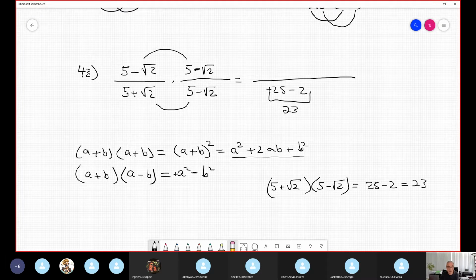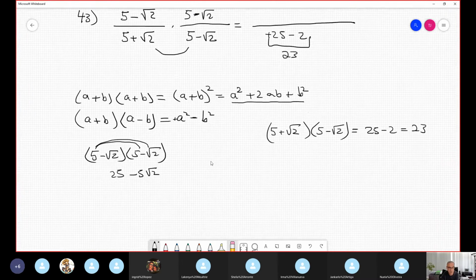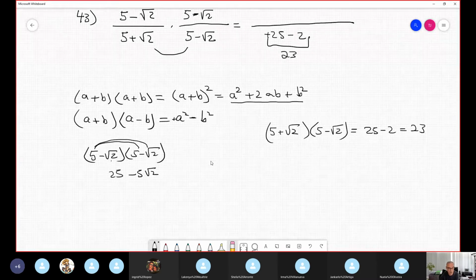Relax. You are doing it in the traditional way, like kindergarten guys. You multiply like a FOIL. So 5 times 5 is 25, minus 5 radical 2, minus another 5 radical 2 because they are identical, and positive 2 because radical 2 times radical 2 is 2.